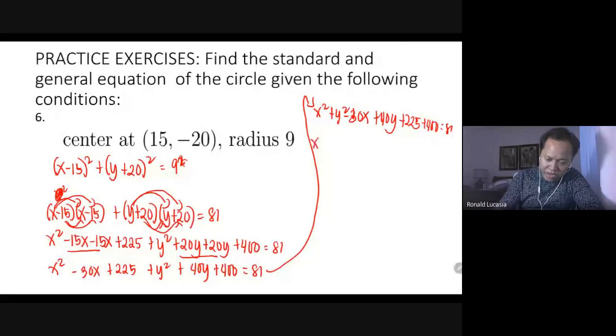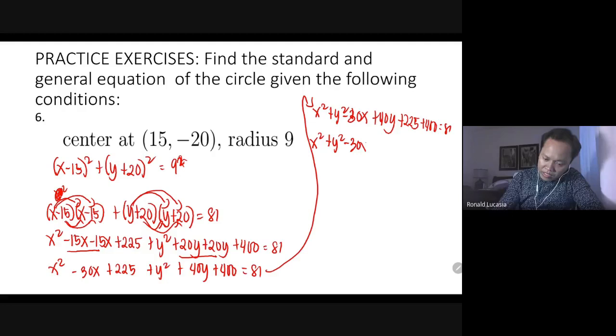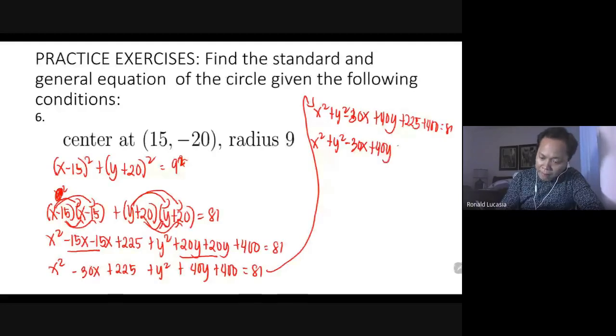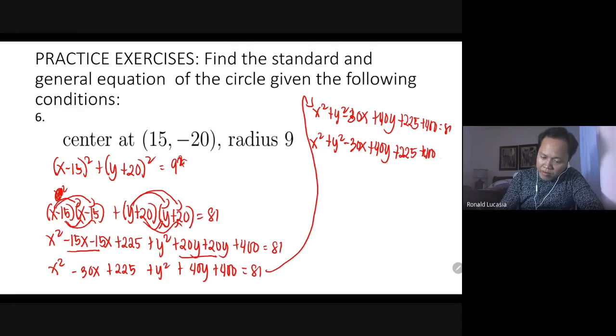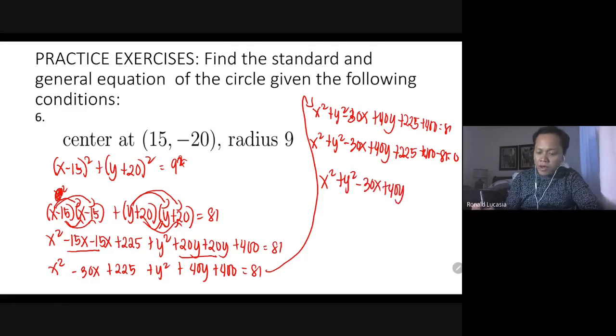So we have x squared plus y squared minus 30x plus 40y plus 225 plus 400 minus 81 equals 0. So that's x squared, y squared, 30x, 40y. 225 plus 400, that's 625. Minus 81, that's positive 544 equals 0.